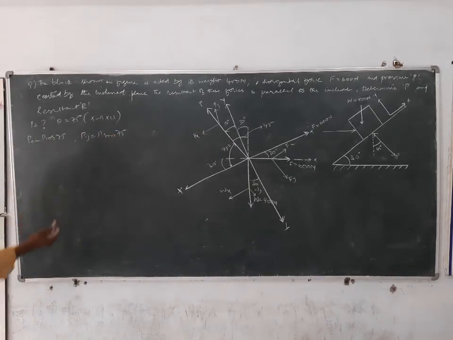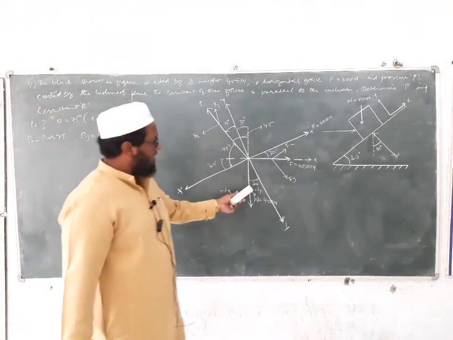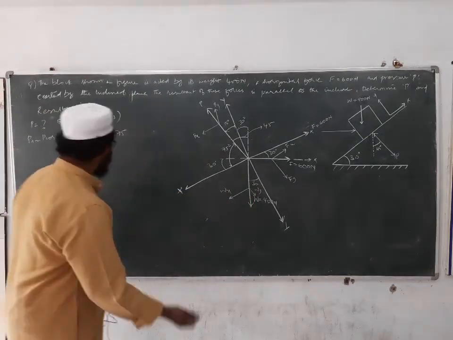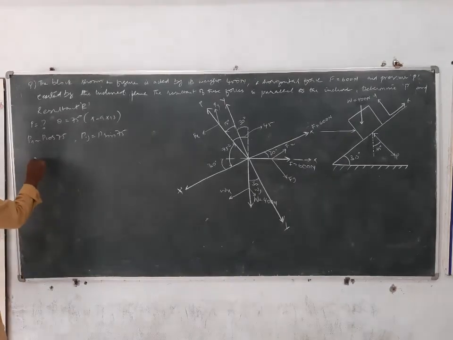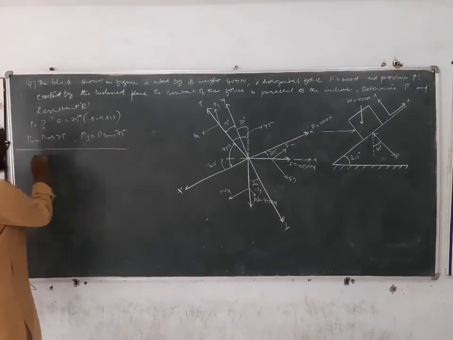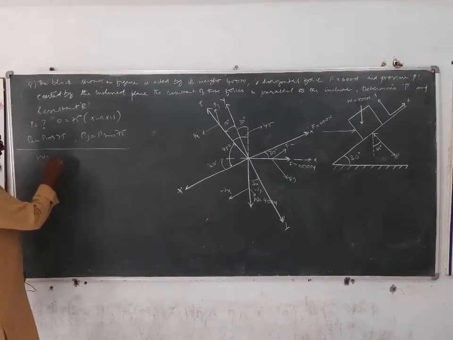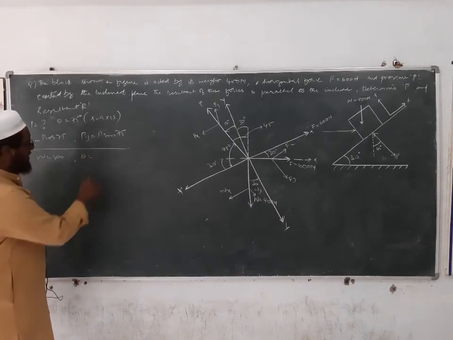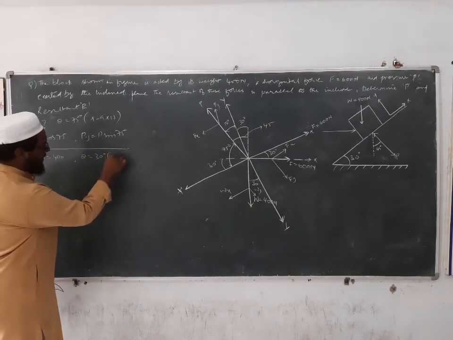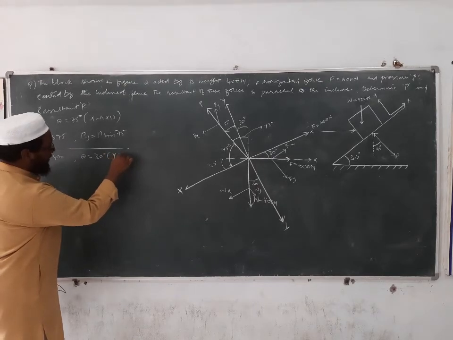Now we'll go for the other case. See here, this angle is with the y axis, so either you can take the y axis or x axis. W is equal to 400 and theta is 30 degrees with the y axis here.